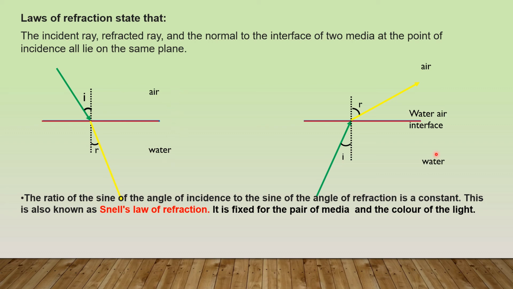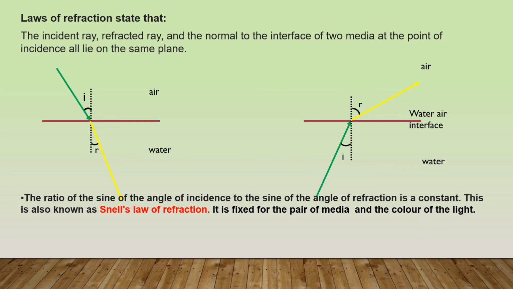For water and air it will have another value. So it depends on the media. Suppose I use glass here, then the value will change. Suppose I use diamond here, the value will change. And also the color of the light. Instead of using white light, if I use red light or green light, again the values will change. So that is the meaning of this sentence.